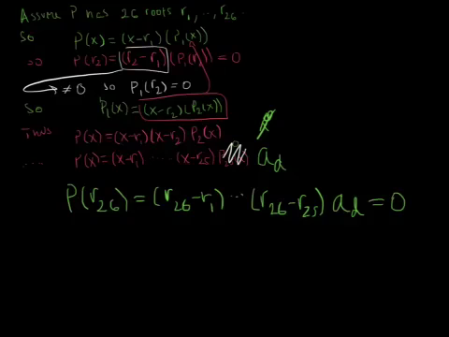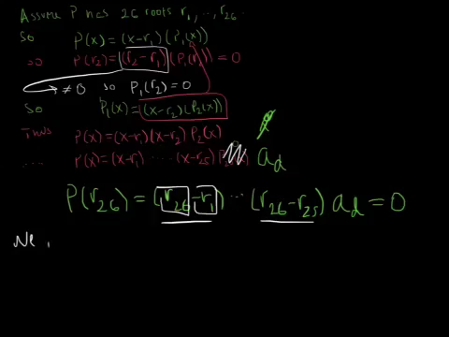Well, if things that are multiplied equal 0, at least one of them must equal 0. So can any of the factors equal 0? No. It's impossible because these are distinct. Remember, we're saying that these are different numbers. So the only thing that could equal 0 is a sub d.